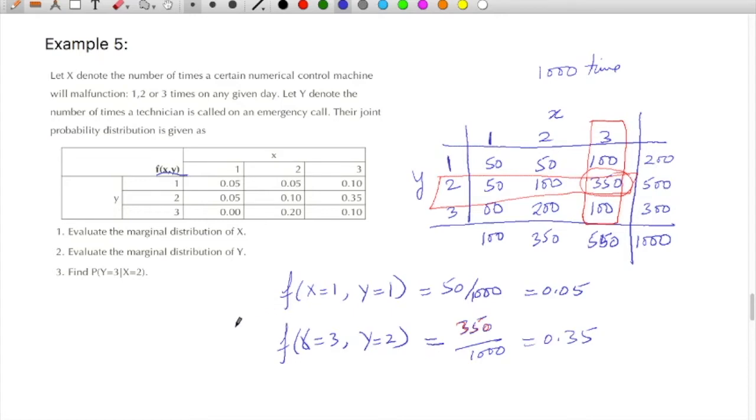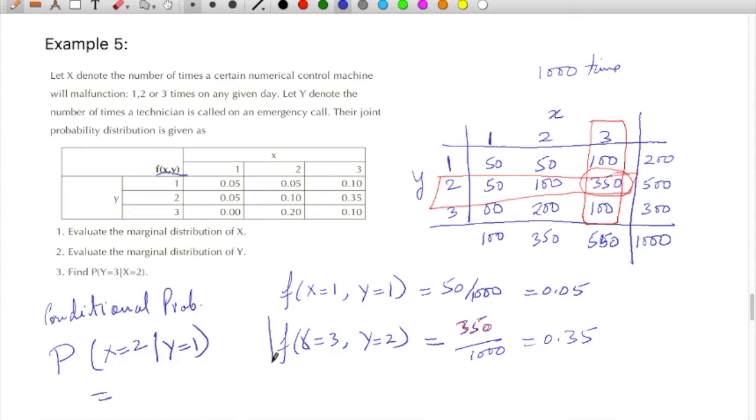But here, if you remember our previous lecture about conditional probability, suppose I give you a case: the probability that the machine will malfunction twice, if it was already known that the operator was called on emergency once. So this is what we call conditional probability.